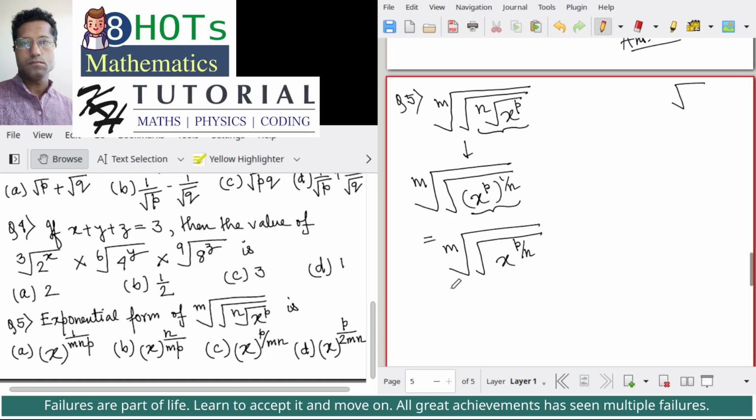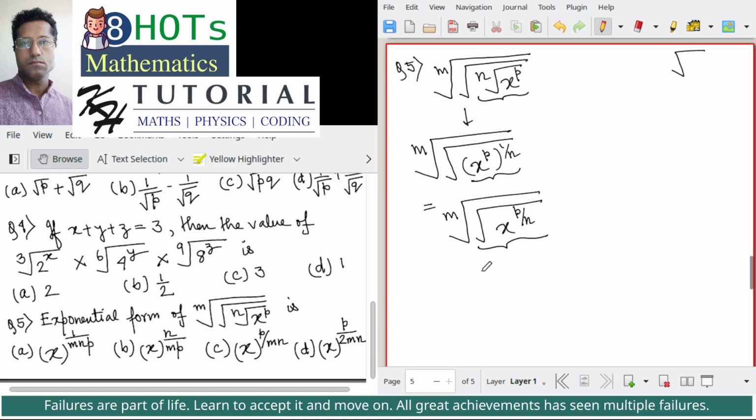So we have a radical term inside another radical term. The outside radical is the mth root of, and that of is the square root of x to the power p by n. Let's convert this radical expression to exponential form.